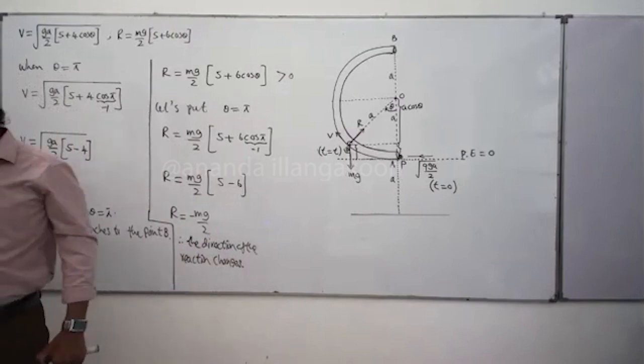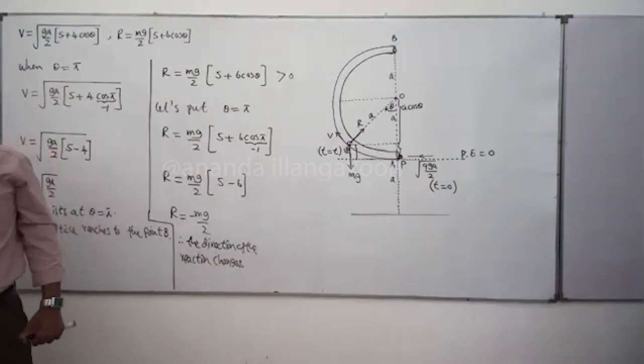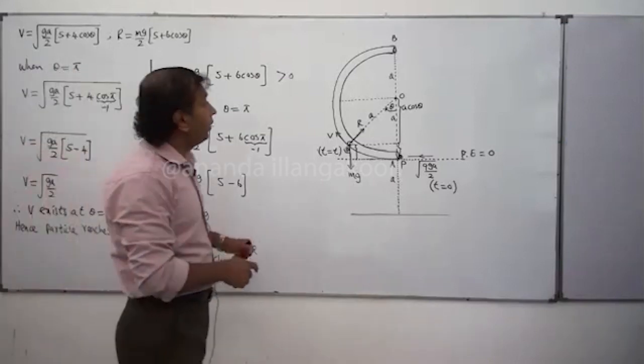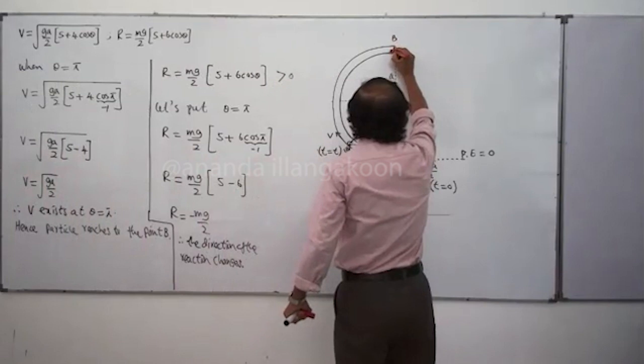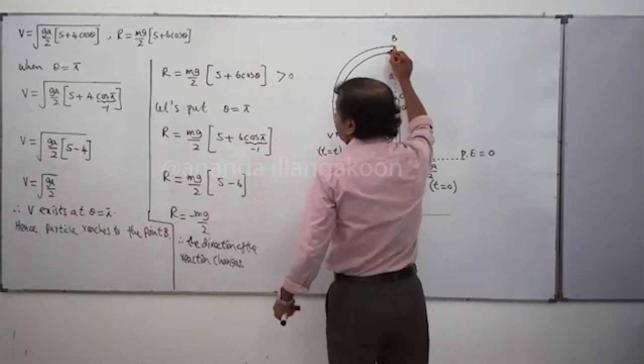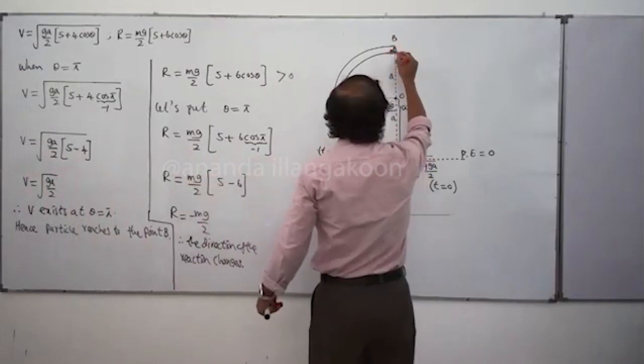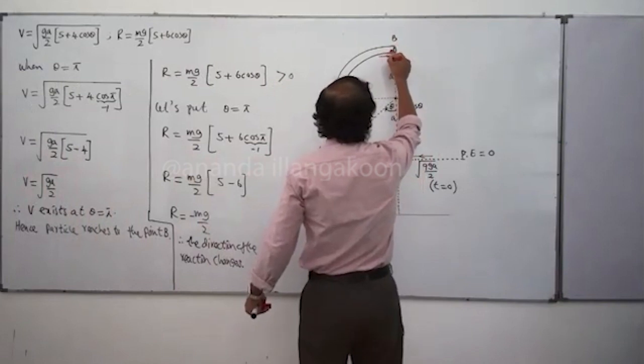Right. Now next part. Now the particle P reaches the point B, as we found, with velocity root GA by 2.